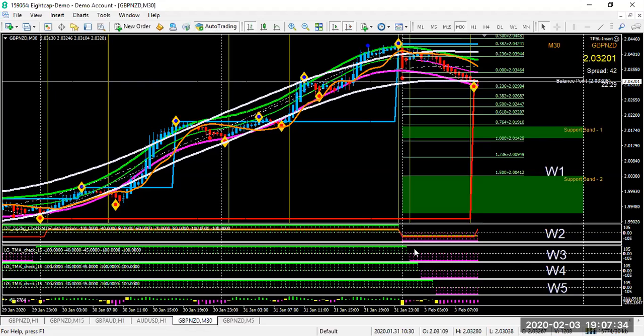The thing that you may notice is that there's a lot more diamonds here.